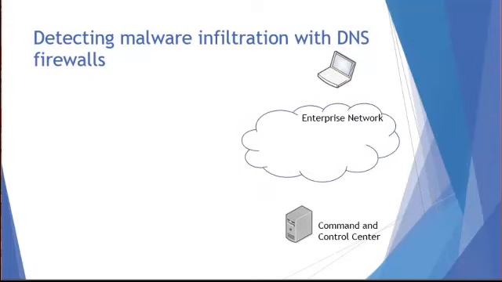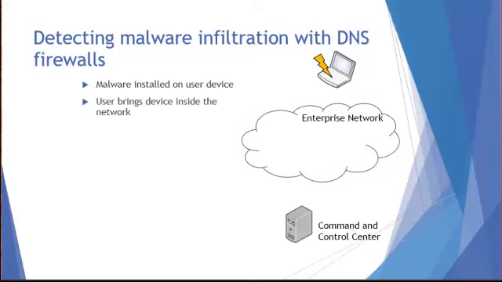But now let's drill back into malware again and look at the situation we talked about, where we're now going to impose a DNS firewall and see how this works in the case of a malware infestation, again from a BYOD device in this example, but it could be really any type of infiltration within the network or outside of the network.